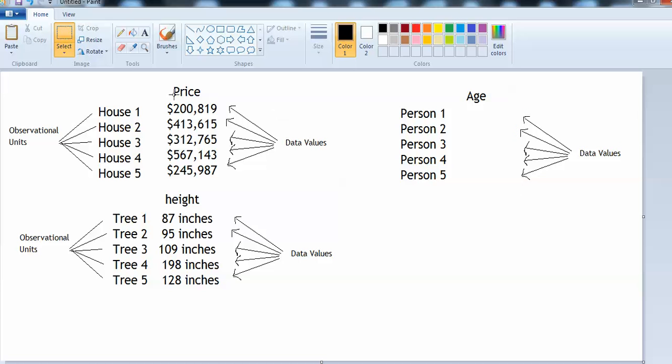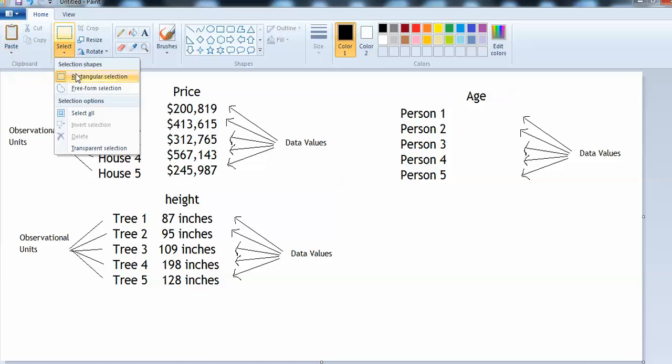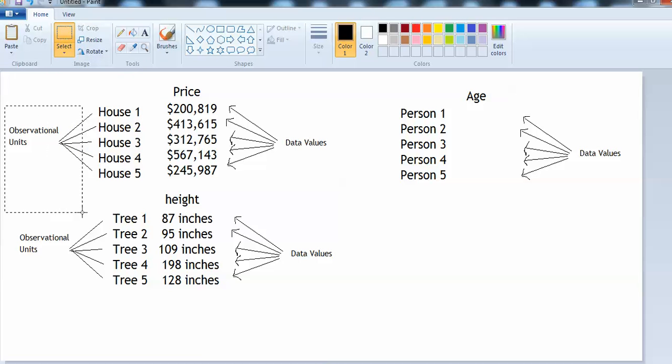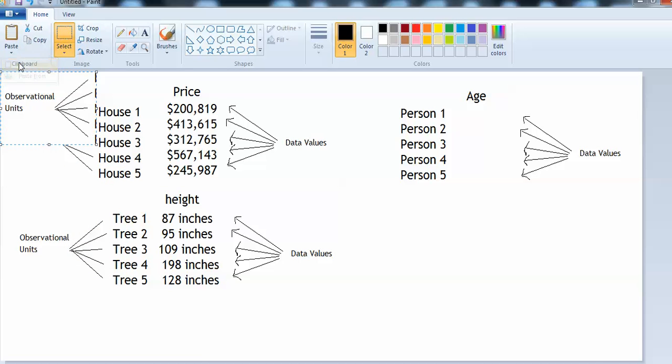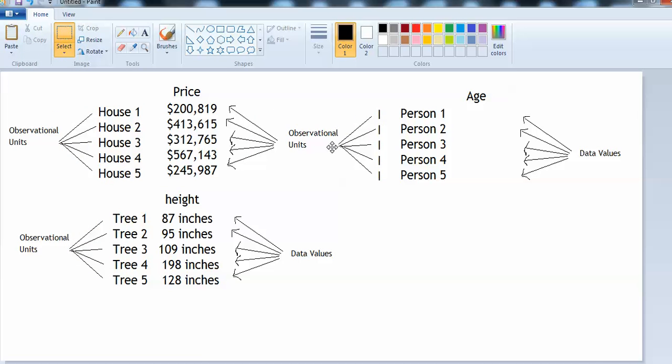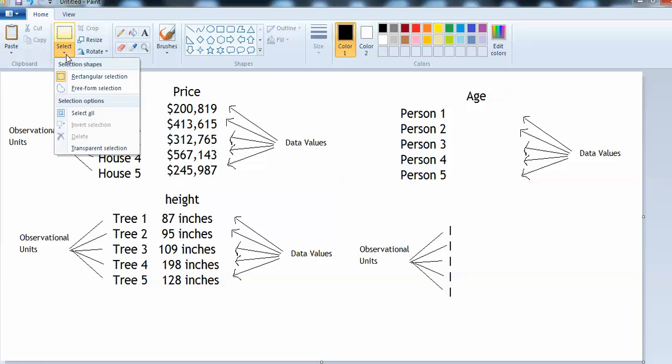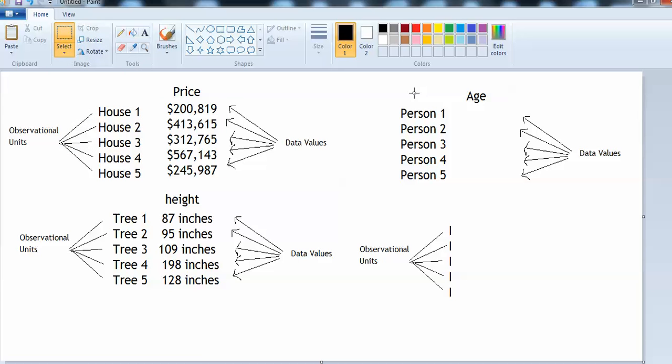And what about the people? You would say that these people are, sorry, I just have to move this again.